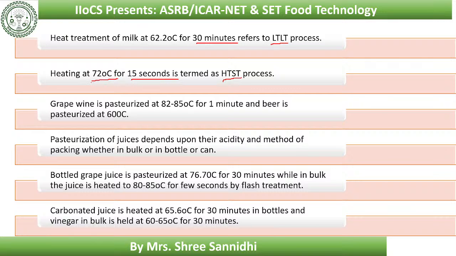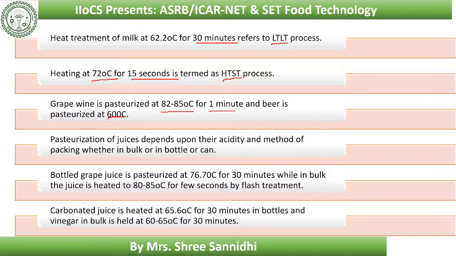Then in pasteurization of grapevine, we use around 80 to 85 degrees Celsius of temperature for 1 minute. And beer is pasteurized at 60 degrees Celsius. Pasteurization of juices depends upon their acidity and method of packing, whether in bulk or in bottle or in can.